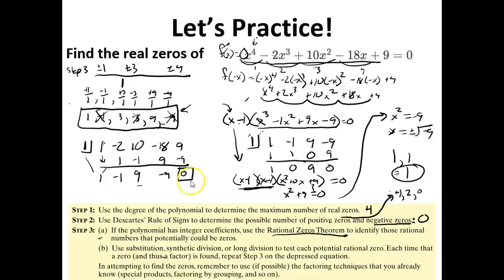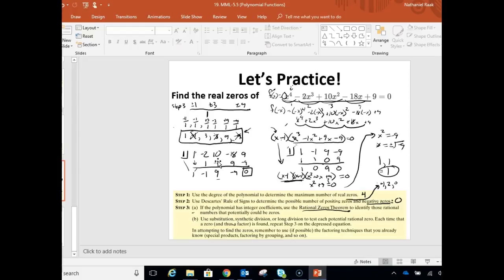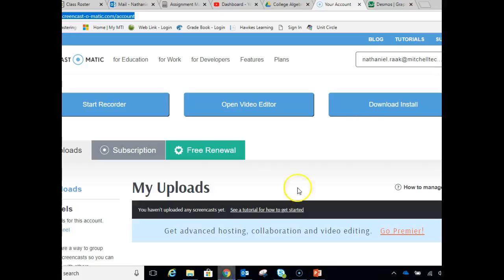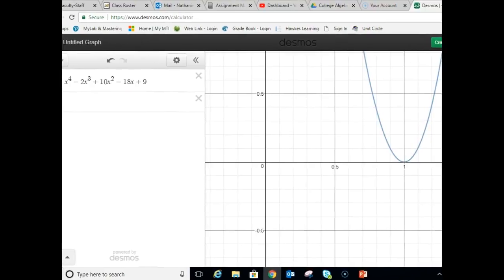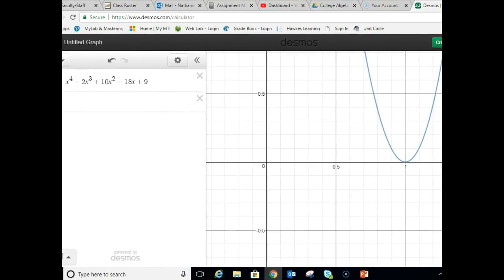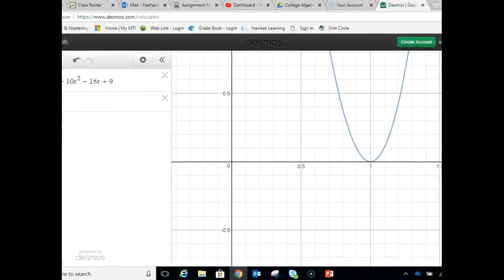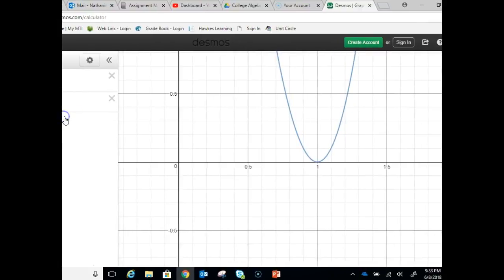Now to get a little bit of a visual of why that might be happening, if I go to a graphing calculator and I graph the equation over here, you can see I've got the equation, and over here is the graph.